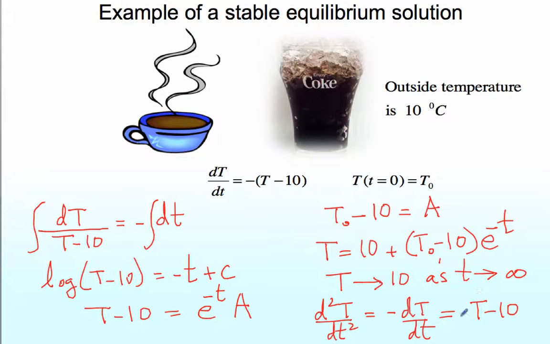So there's a plus sign in front of this. And that's telling us that the second derivative of T will depend on whether the temperature is bigger than the room temperature or less than the room temperature.